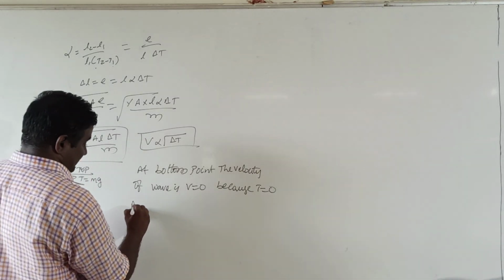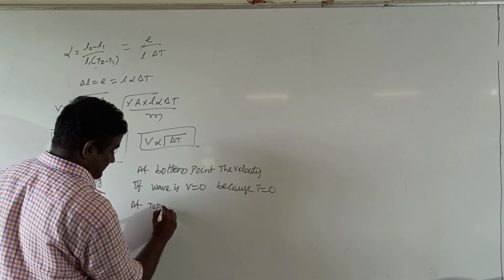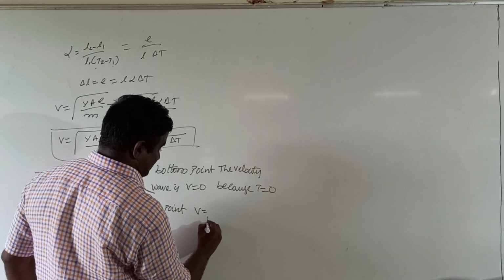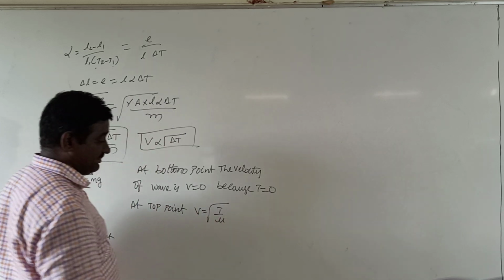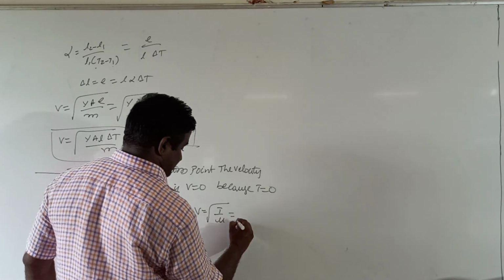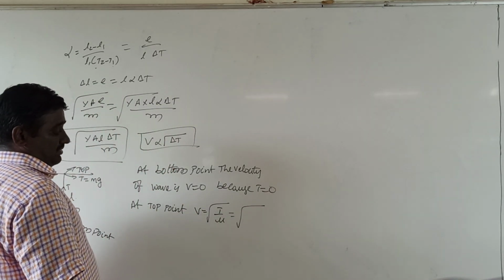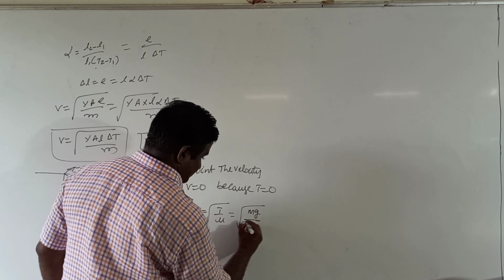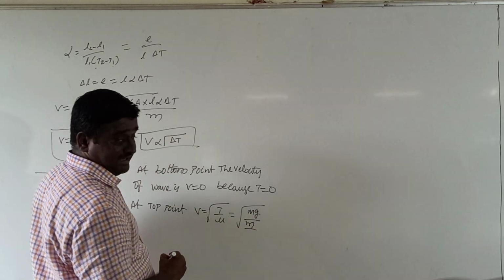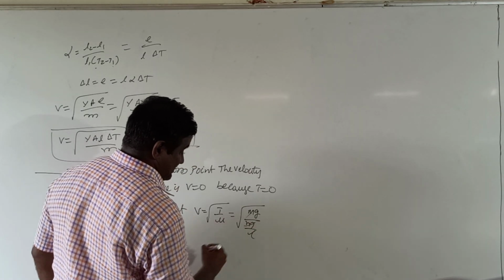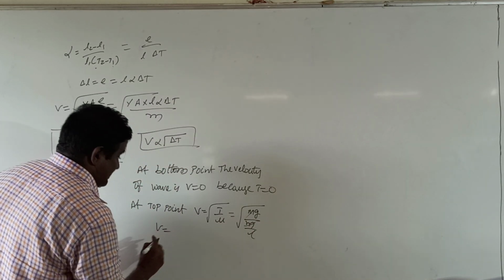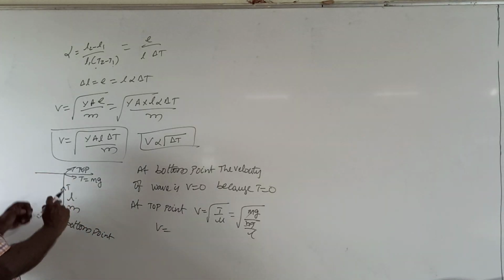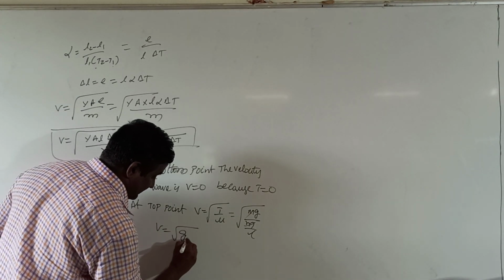Then the velocity of the transverse wave in a string is V equal to root over T by mu. So V equals root over mg by mass per unit length, mass by length. Mass gets cancelled. Then the velocity at the top point of a vertically suspended string is V equal to root gL.